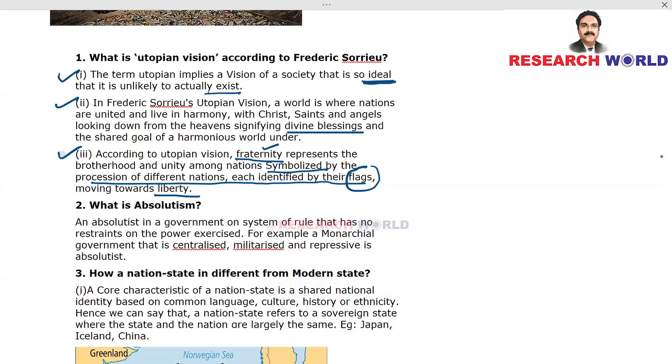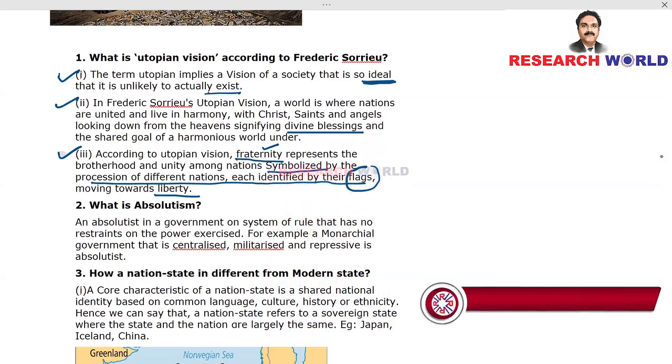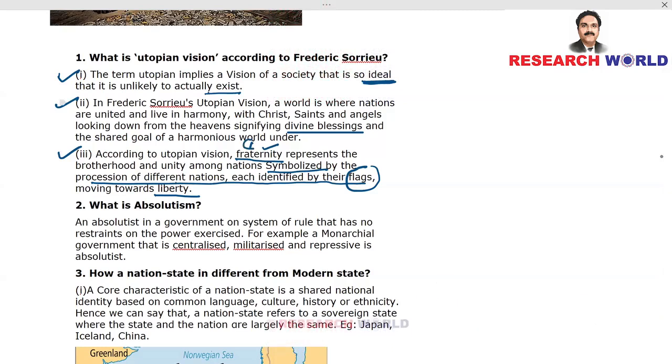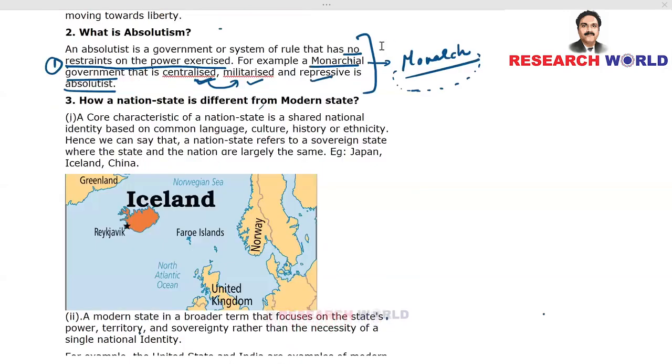And the third one, according to utopian vision, fraternity represents brotherhood and unity among nations, symbolized by the procession of different nations, each identified by their flags, and they are moving towards liberty. So 4 points. Okay, so this is the answer for the first question.